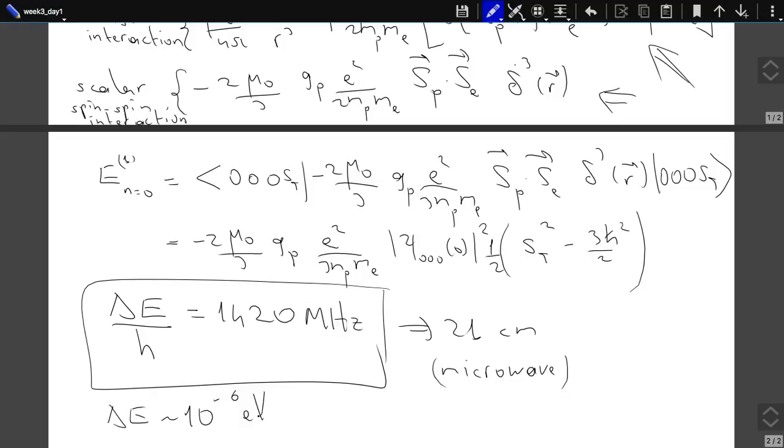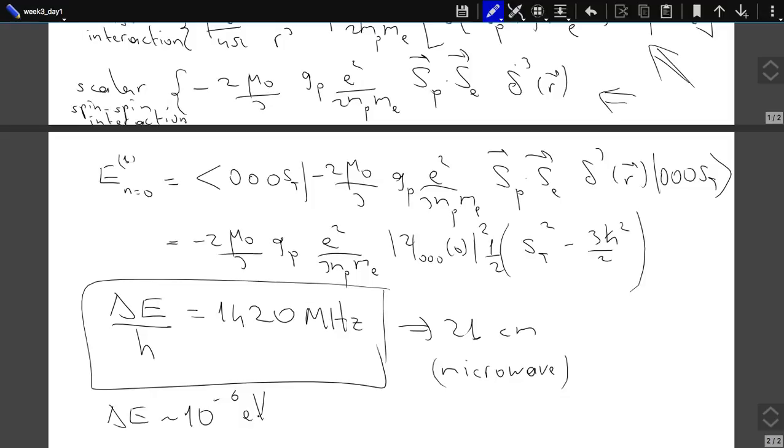The energy levels are of the order of 10 electron volts, so the correction is 10 to the power minus 4 electron volts. At least for the ground state, it's of the order of 10 to the power minus 4 electron volts. Why is this one much smaller? Do you have a guess?